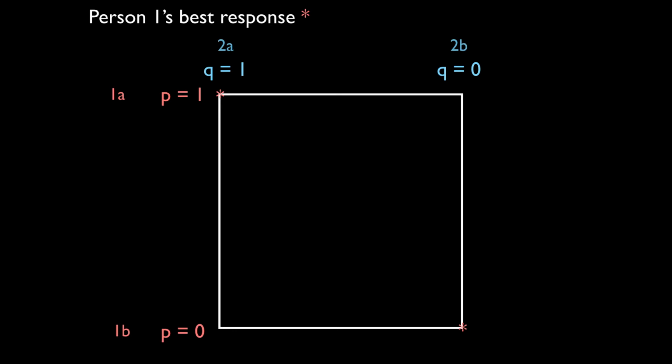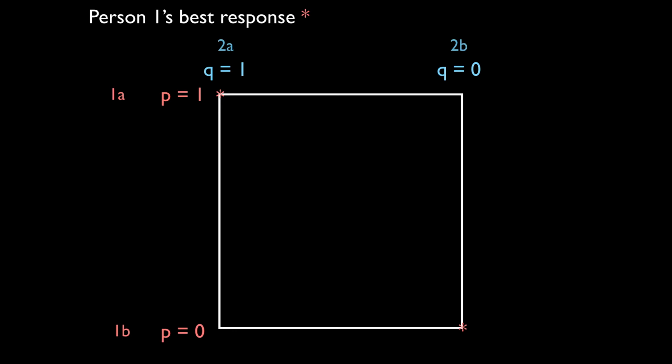What's the expected value of person 1 playing B? If person 1 plays B, person 1 gets either a 1 or a 6. Person 1 gets that 1 with probability Q, if person 2 plays A. He gets that 6 with probability 1 minus Q. If I do a little math on this, it's Q plus 6 minus 6Q.